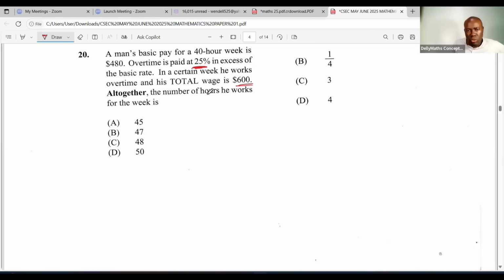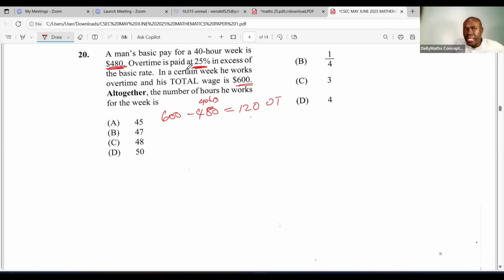You could understand that 40 hours is when he worked that amount of money. So 600 minus 480 will give us 120. This is overtime money. We have to figure out the overtime rate and then divide it into this to see the time he works on overtime.